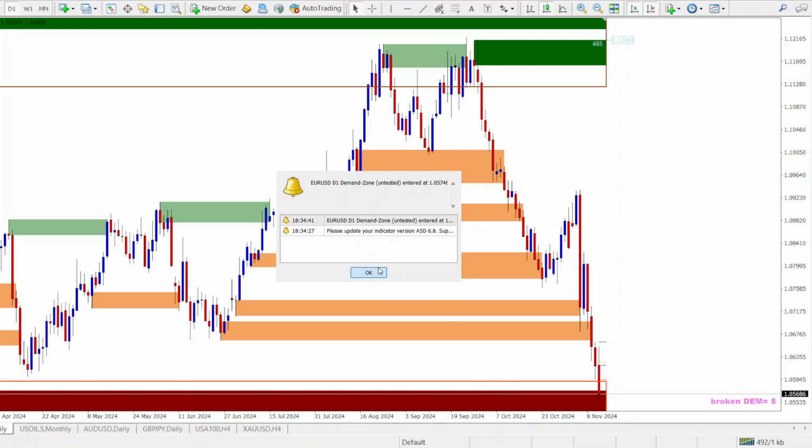All right, and a color very close to that shows the demand that is used. Okay, and then the olive color shows supply MTF. The saddle brown shows supply used MTF. The orange red shows demand MTF. The dark orange shows demand used MTF.